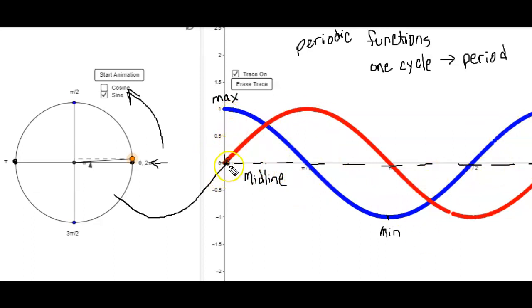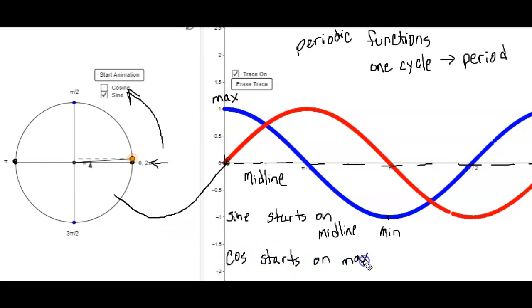So it's very important to note that sine starts on the midline. That's its starting point for its basic graph. Cosine starts on the maximum. And that's very important to remember because it's the only difference between sine and cosine.